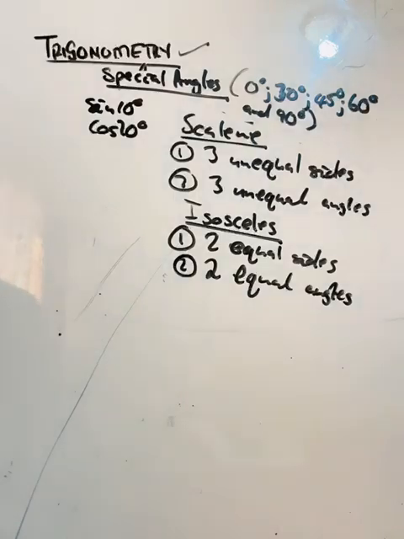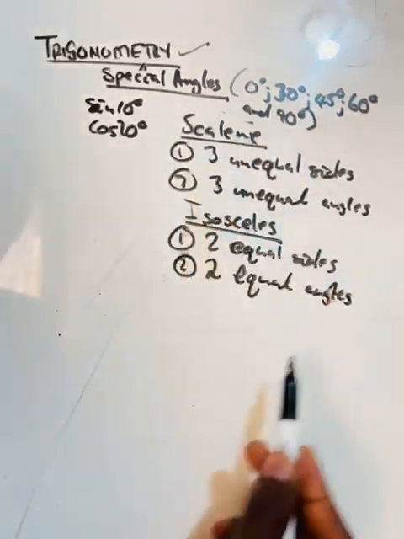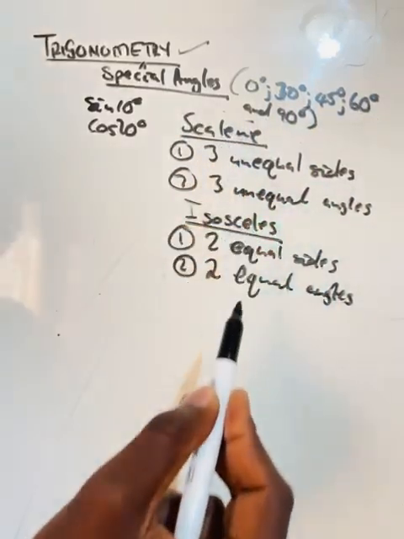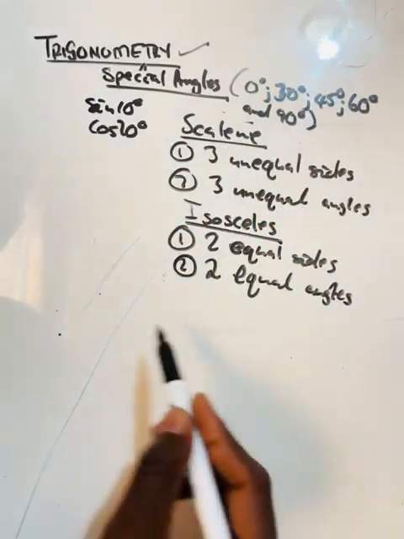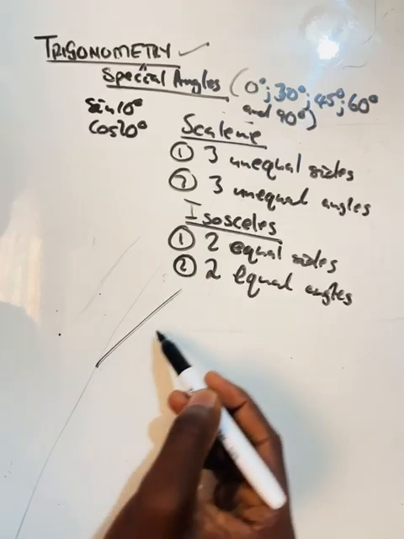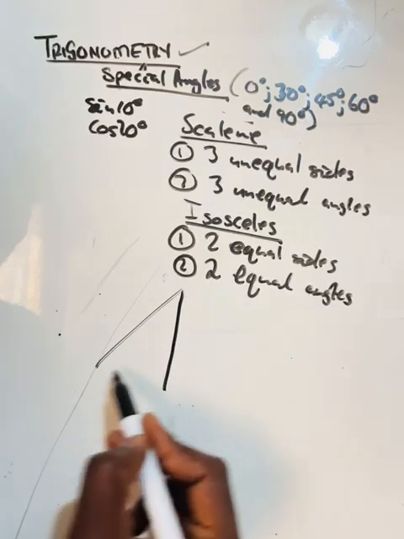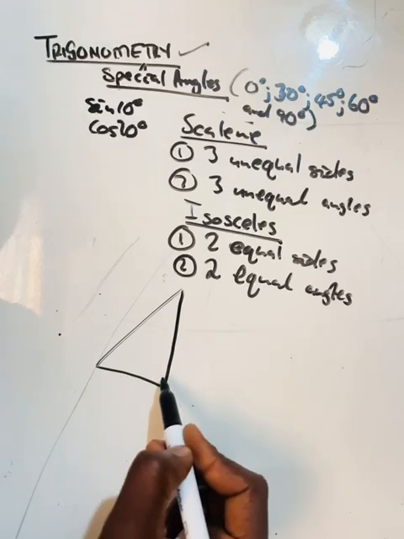Now, we're going to start with the scalene. Which angles are included in a scalene triangle? The angles which are included are 30 degrees, 60 degrees, and 90 degrees.